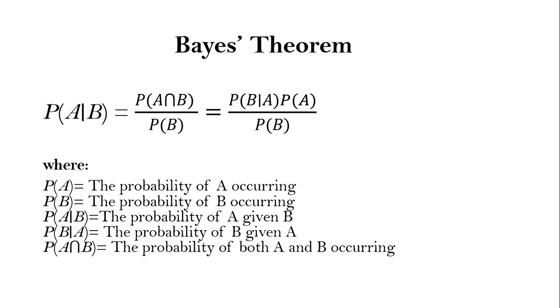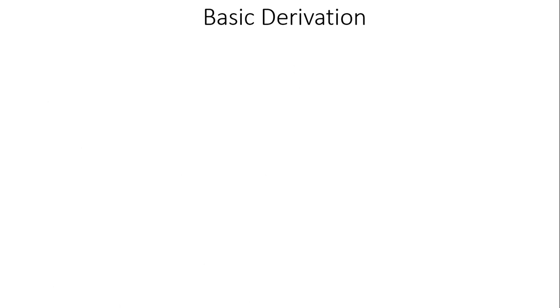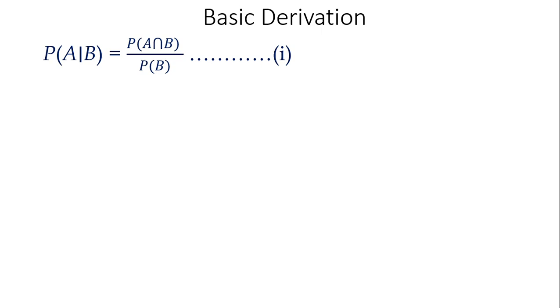So we also look at a basic derivation for Bayes theorem, which again makes use of the relationship of conditional probability, and we are able to establish that cyclic relationship. So if we have two events, once again, A given B, whose probability, of course, from conditional probability, we know is probability of A intersection B over probability of B. That can be our equation 1.